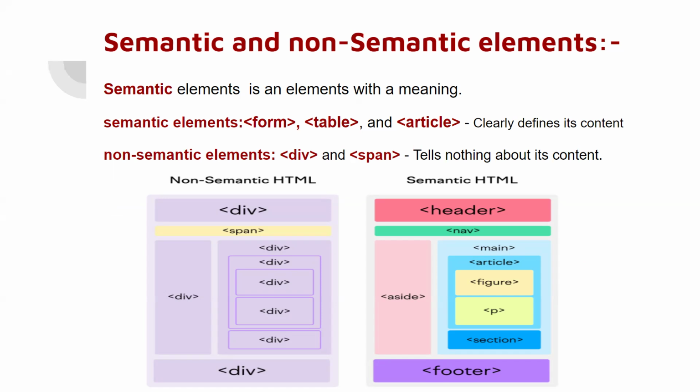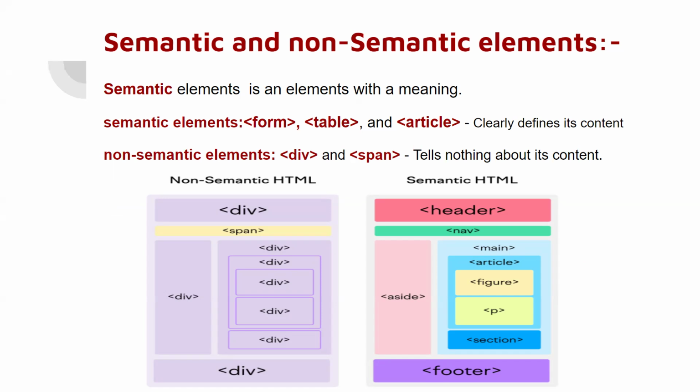Form has one meaning: we gather the group of input fields in a form. Table means we can take the table head, rows, and table body, I mean table data, in a table. Article means we write some person's article or a businessman's article, so different articles can be written in article.